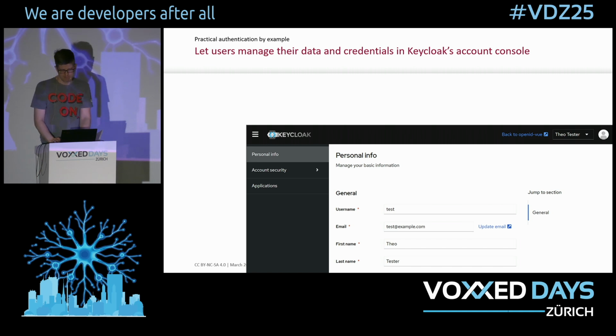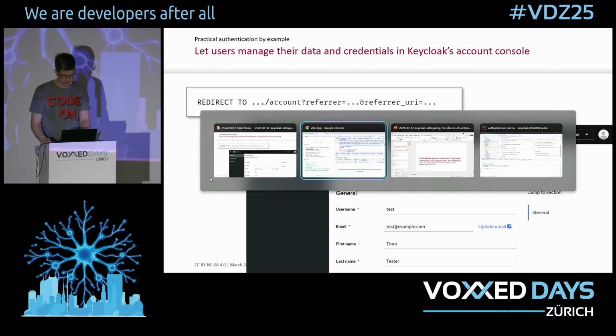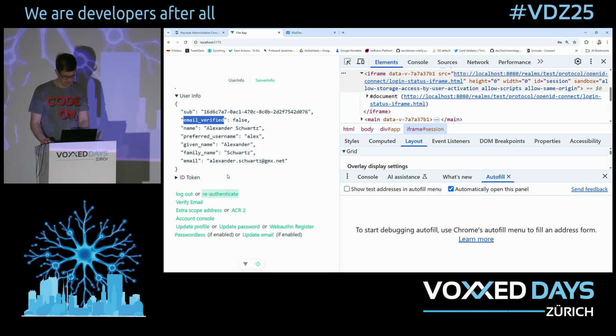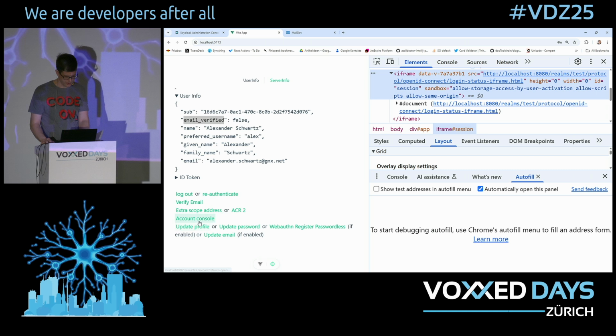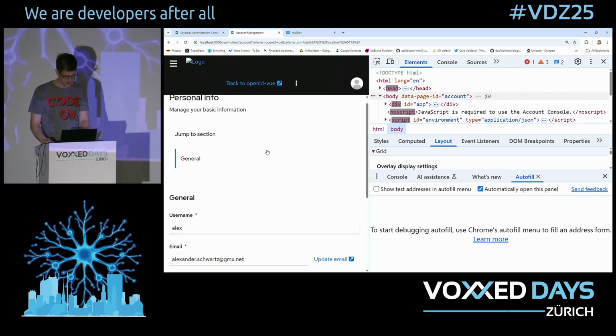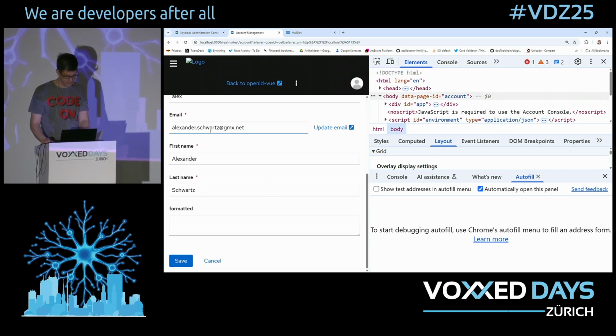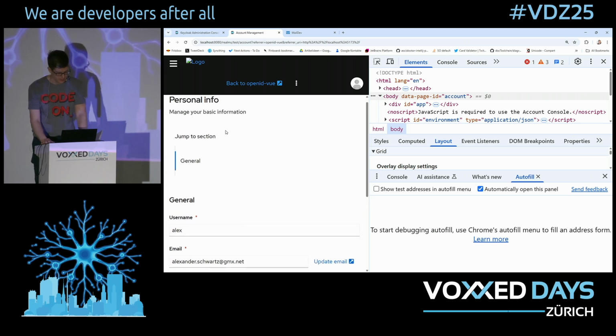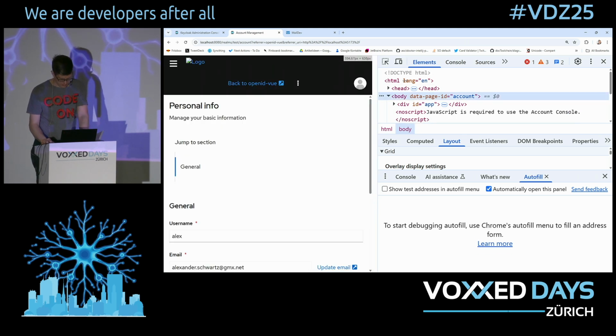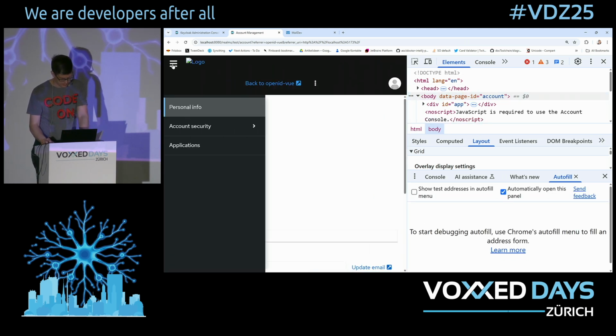Something that is not part of OpenID Connect, but I think it's quite cool: at some point you might have your application all ready, and you want to have the user manage their own data. What you can then do is redirect to the account console, and the user can change all this information in here. So you have the personal information that the user can edit.